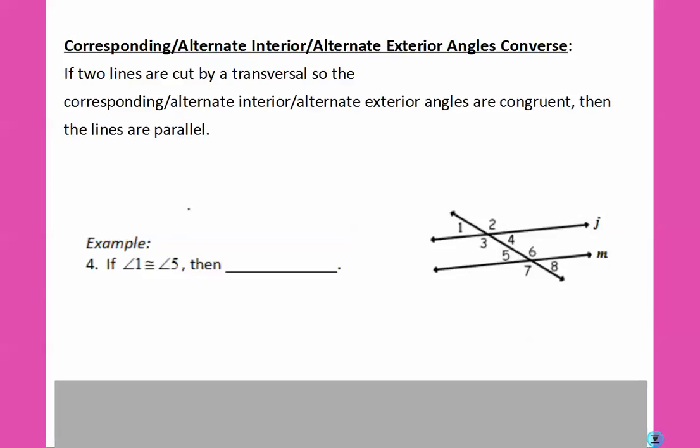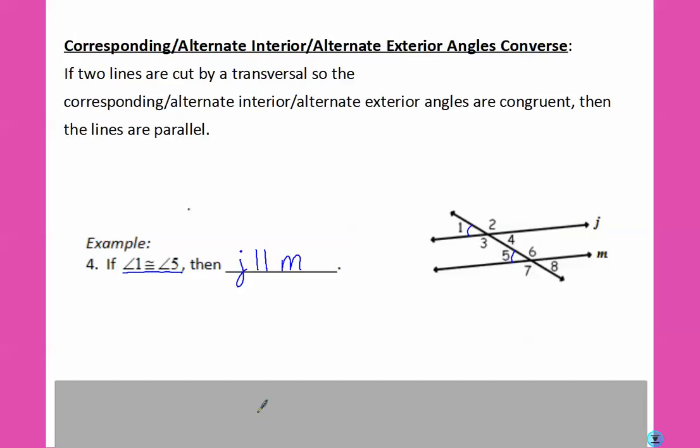So, if we know that angle 1 and angle 5 are congruent, those are corresponding angles. If the corresponding angles are congruent, then we can say that line J is parallel to line M.